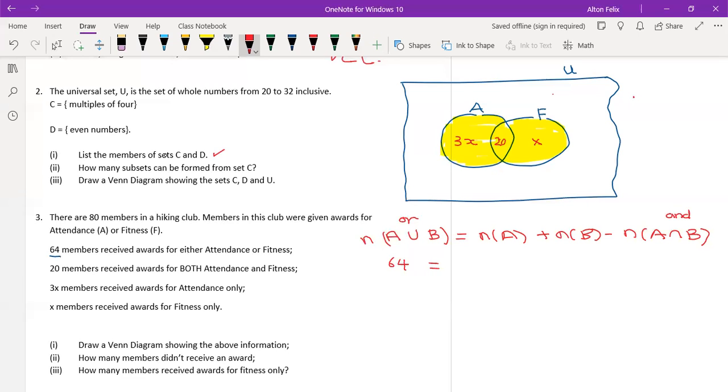Well, let's see if we can answer the question first. That's the Venn diagram we just drew there. How many members didn't receive any awards? Right.